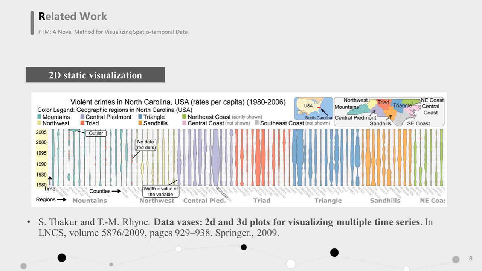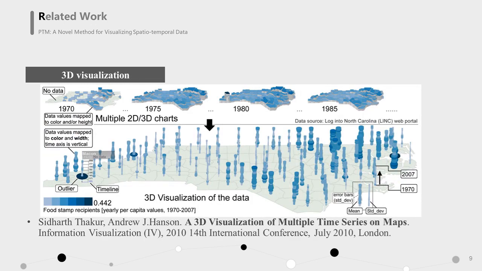When the data contains geography information, the 2D static methods find it difficult to display the geographical relation and distribution. 2D visualization methods have more space to display spatial-temporal data, but the disadvantage is that the data values will overlap.